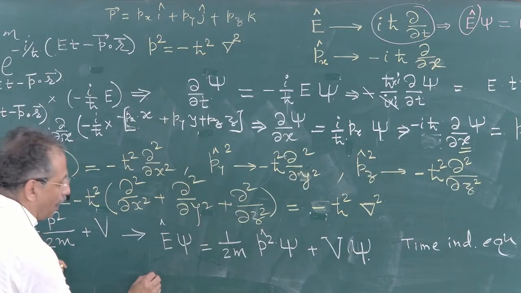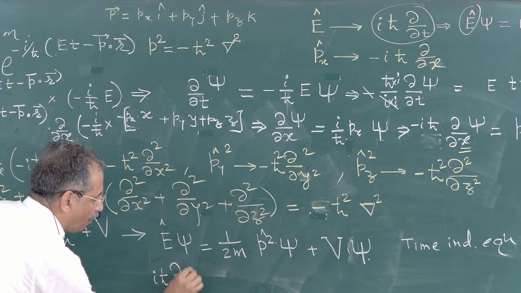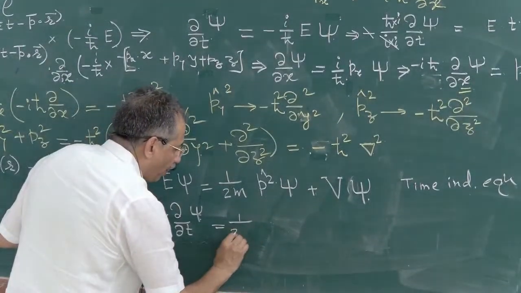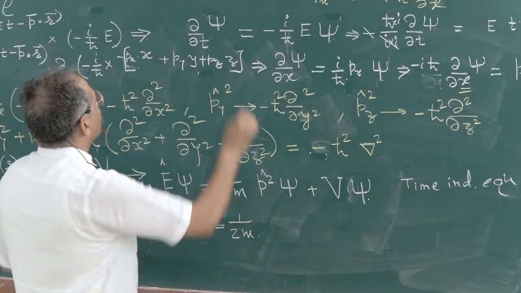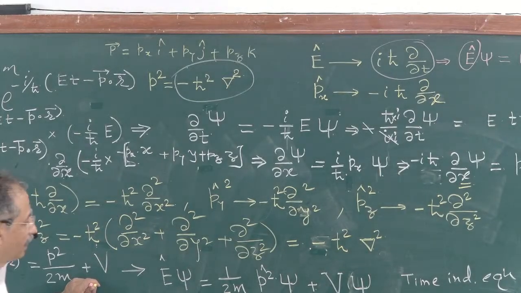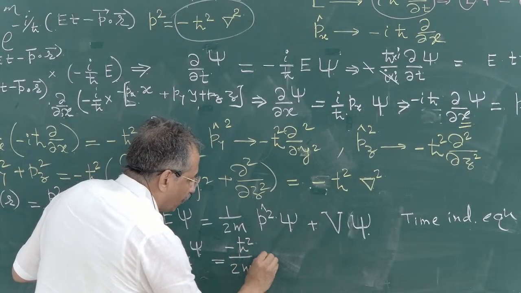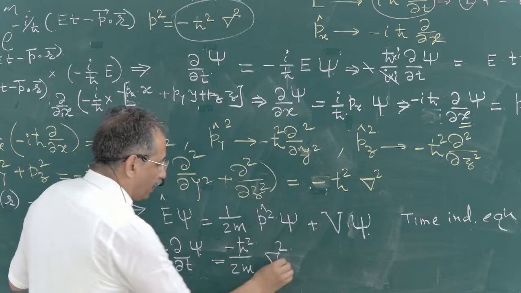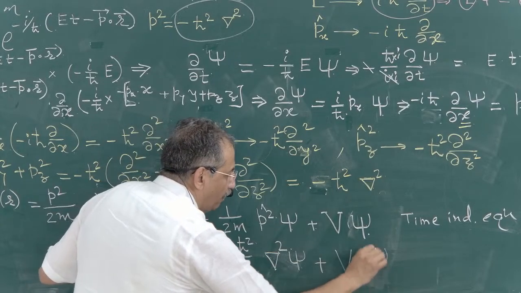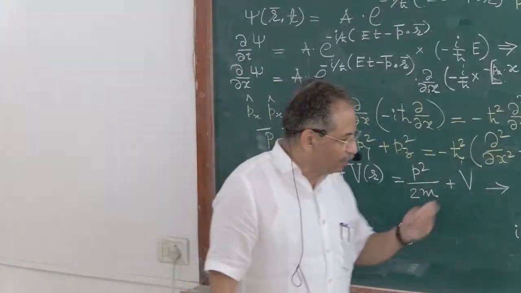So i h cross into partial derivative with respect to t operated on wave function psi is equal to 1 upon 2m. Now p square I want to replace by minus h cross square into del square. So minus h cross square into this operator operated on wave function psi plus V into psi. If a particle is free, this potential energy you can set to 0, and you can use this equation.